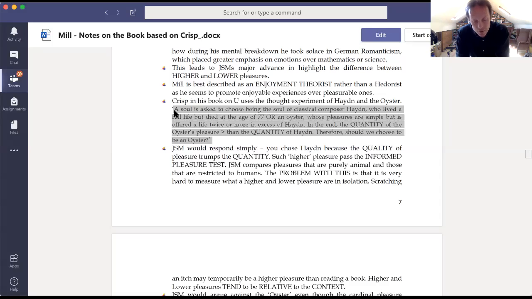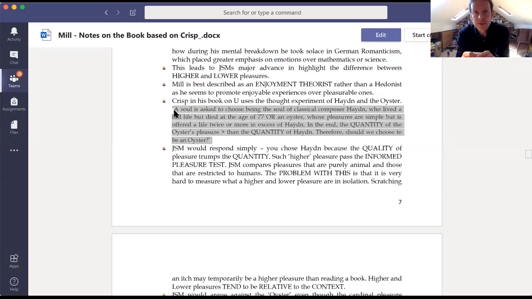Now, if you believe, as Bentham does, in commensurability, in other words, all pleasures can be weighed against one another, all pleasures are commensurable, they can be measured against one another, then you are going to say the infinite quantity of pleasure that an oyster could have, however modest, is going to be equivalent to the 77 years of deep fulfillment and higher levels of pleasure that Haydn, the composer, is going to enjoy.